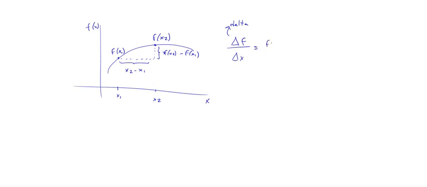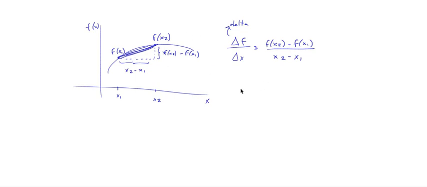So this is f of x2 minus f of x1 divided by x2 minus x1. And that is given by the slope of this line. This division is actually the tangent of this angle, so this divided by this is the tangent of this, which is the slope of this line.